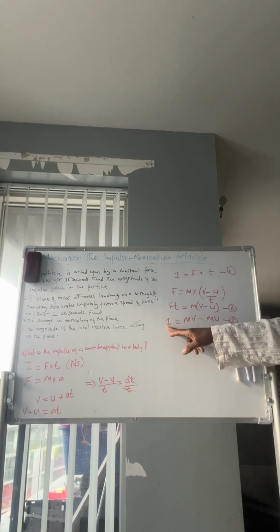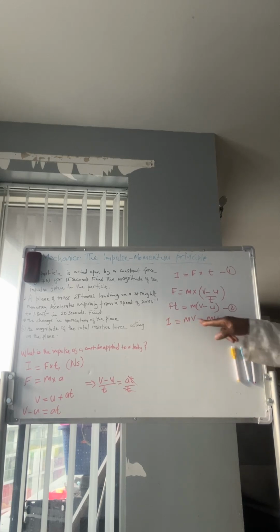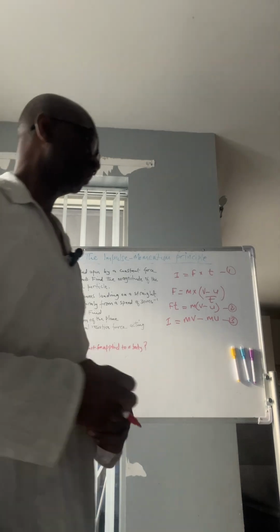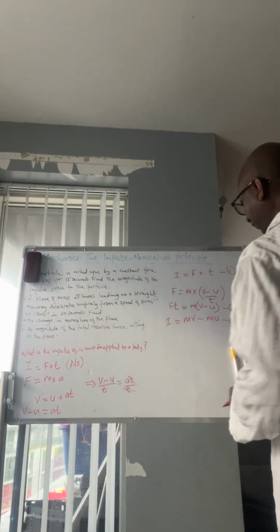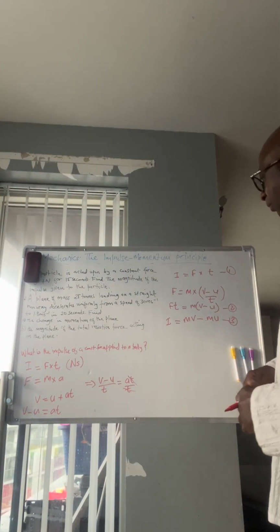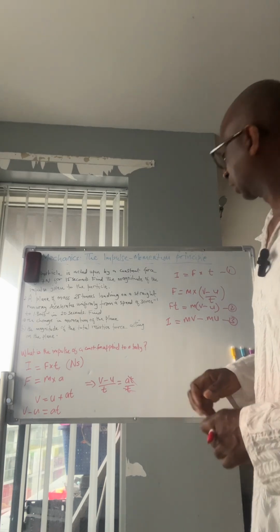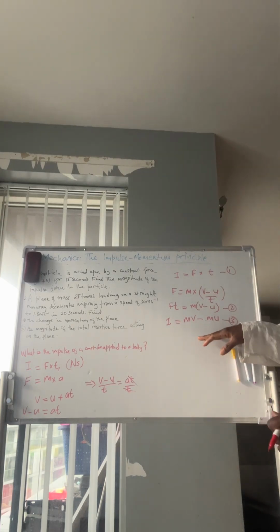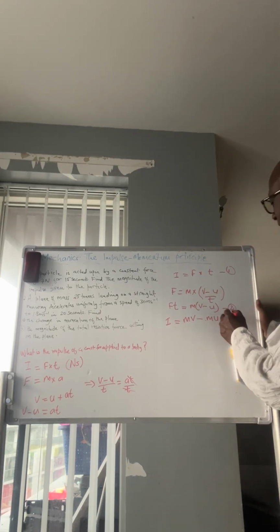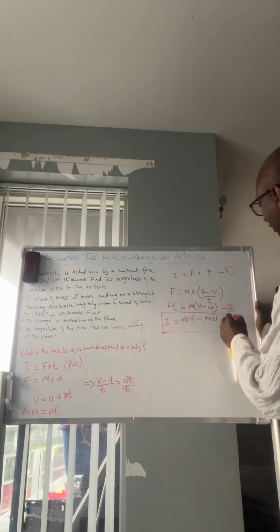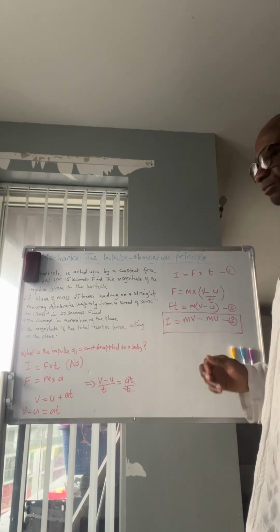This is the impulse, and this is the change in momentum of a particle: the mass times the final velocity minus mass times initial velocity. So we've established this formula, which is very important. So now let's solve problems.